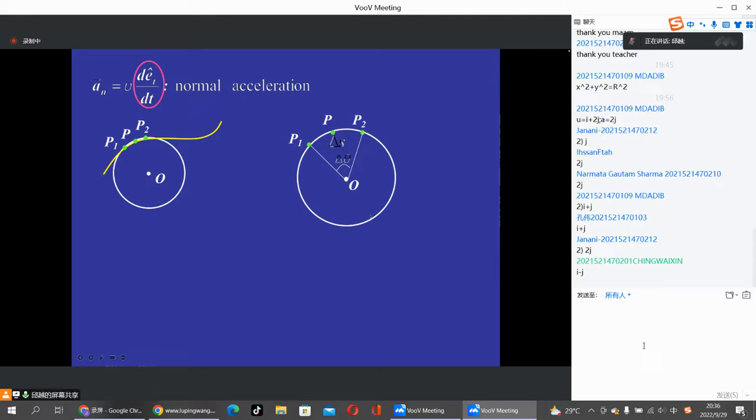At any given p, we have this et and this et plus delta et, and t and delta t. And we have a very slight angle, delta theta, and this very small distance or displacement, delta s. So this is delta et.